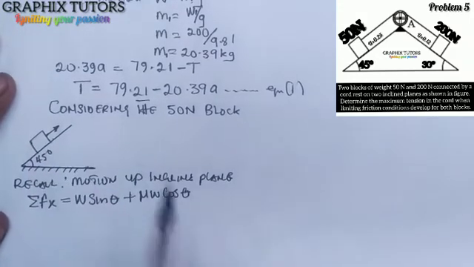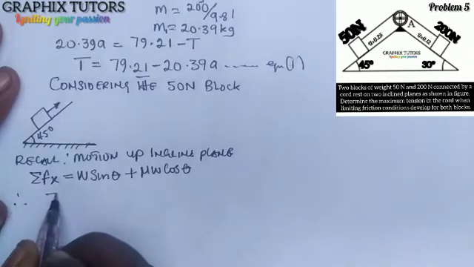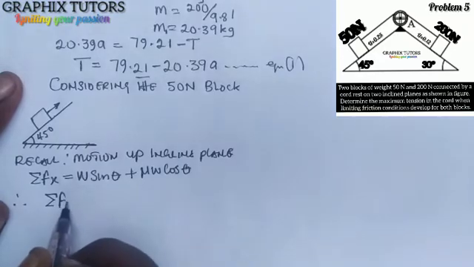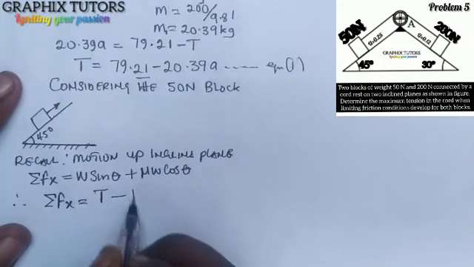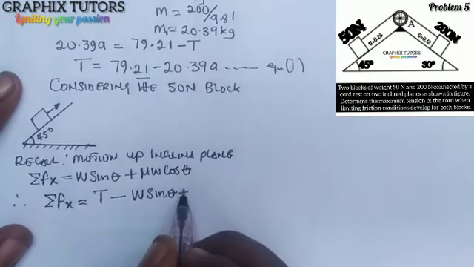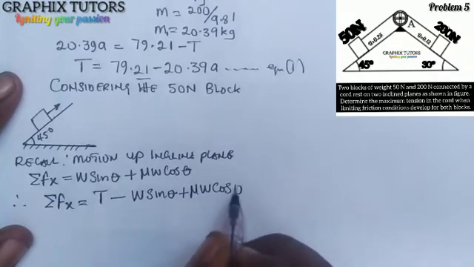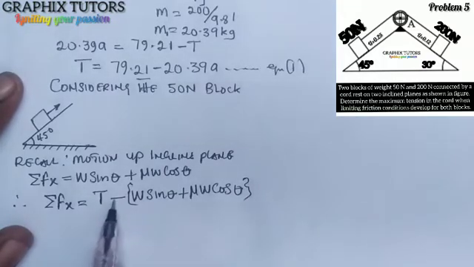So what we'll do, we'll now say that therefore the summation of f of x will give me the tension minus W sine theta plus mu w cos theta. So this is what we have in here. Put this into brackets. So the first one, we're subtracting tension from what we have.